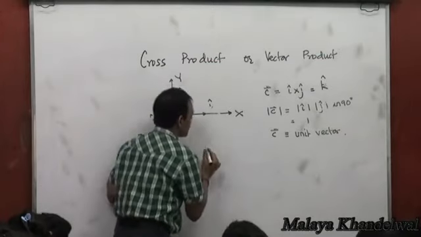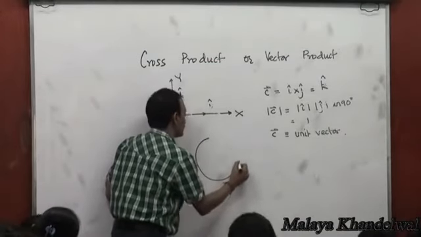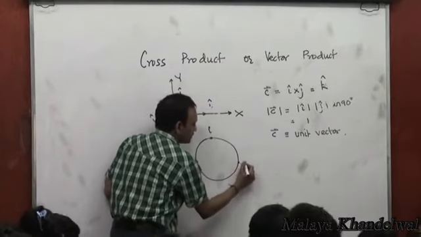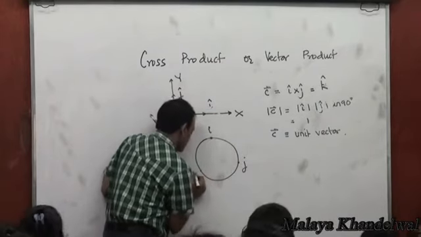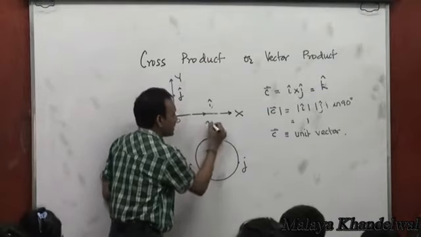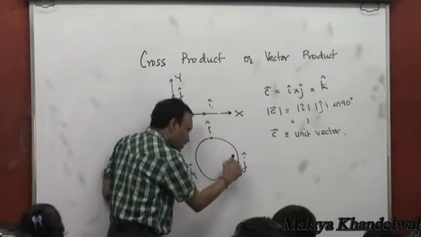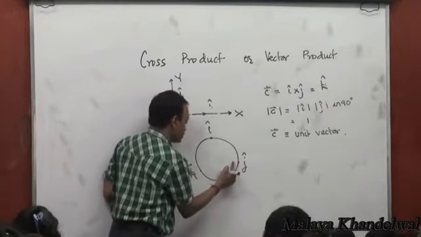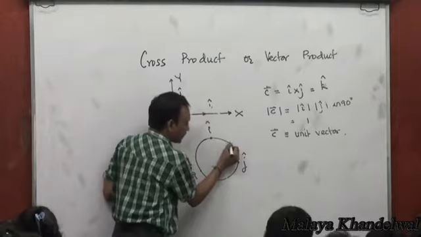Similarly, we can establish, see, the way to remember some of these results is put i, j and k on a circle in a clockwise manner, i and then j followed by k.